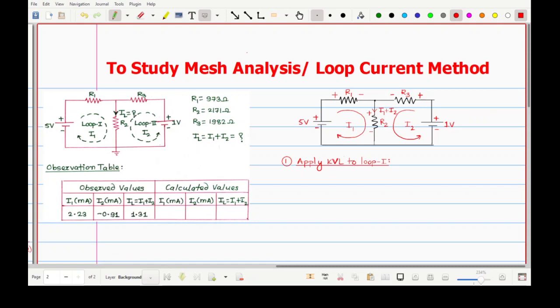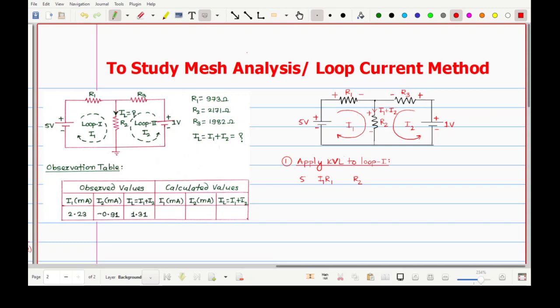Okay, so in this loop we have 5, then R1 and R2. Since we have to write each term in terms of voltage, we have to multiply. This 5 is already voltage, but R1 is resistance. So if you multiply this with I1, you will get the voltage drop across R1.